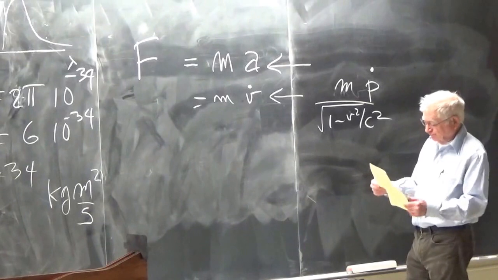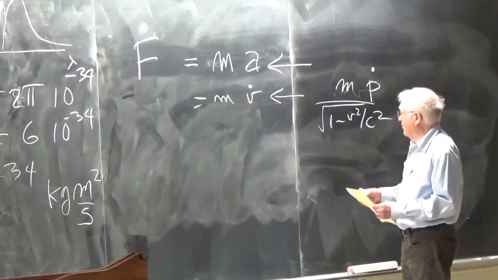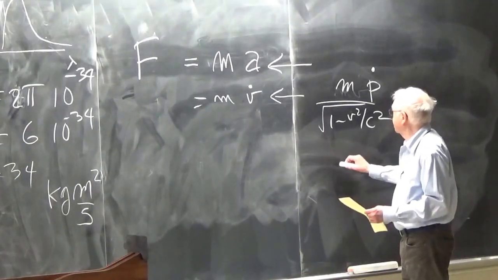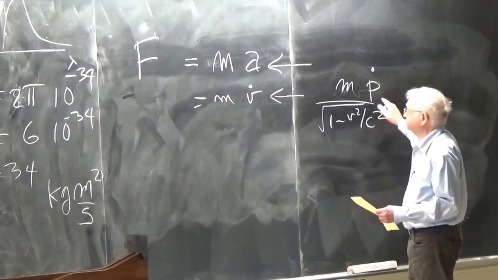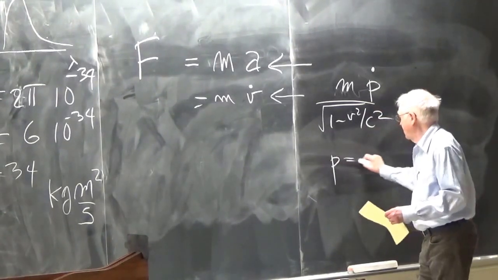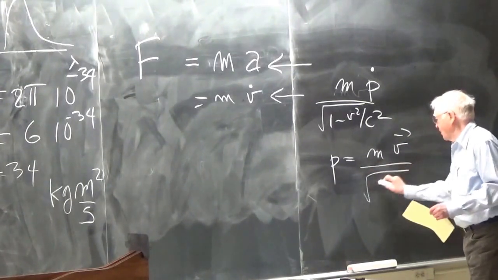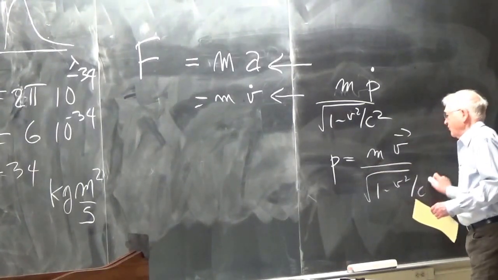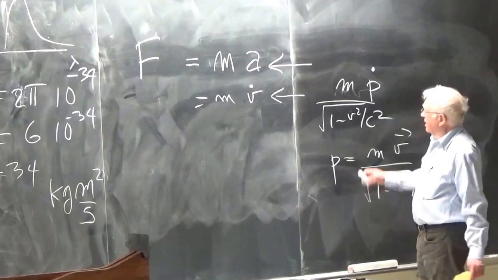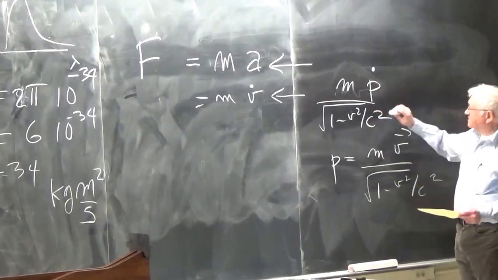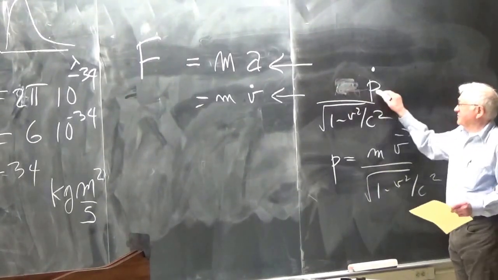And momentum is mass times velocity over the square root of 1 minus v squared over c squared. So the relativistic expression is, well, I don't need the m if I have p dot.